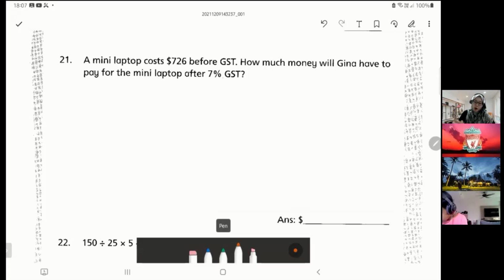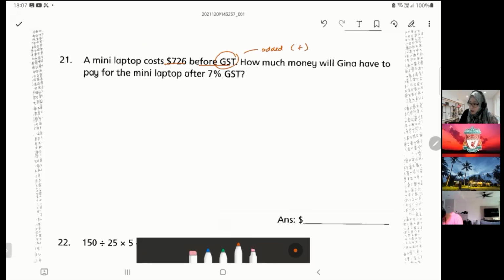Okay. Next, number 21. A mini laptop costs $726 before GST. How much money will Gina have to pay for the mini laptop after 7% GST? Which means GST is added on. Added means you must plus. Okay. What do we do?